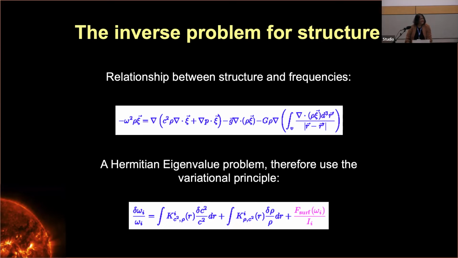But in 1964, S. Chandrasekhar showed that this equation is a nice Hermitian eigenvalue problem, which means we can take a solar model, which is close enough to the sun, and linearize this equation so that we can connect the relative differences of the frequencies between the model and the sun to the relative difference in sound speed and the relative difference in density.